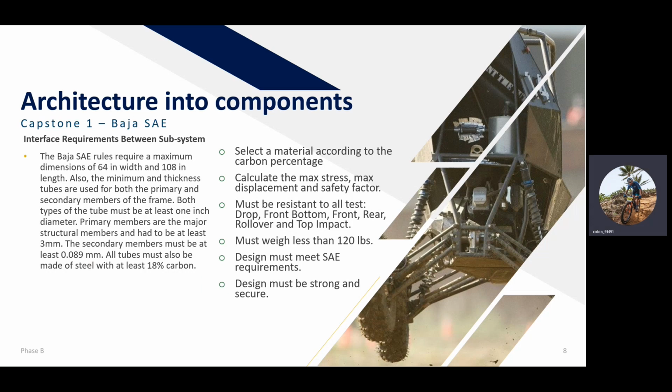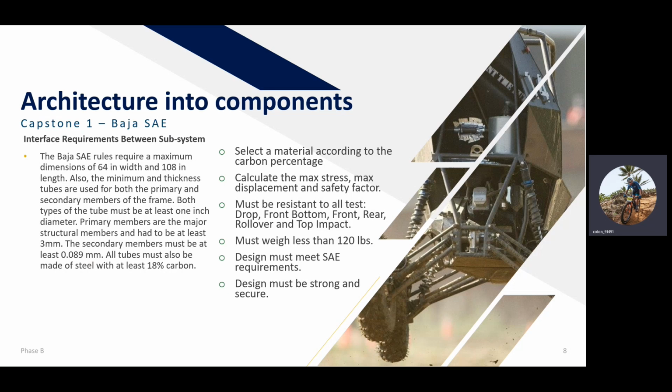The problem statement is that the BAJA SAE rules require a maximum dimension of 64 inches width and 108 inches length. Also, minimum diameter and thickness tube are specified for both the primary and secondary members of the frame.